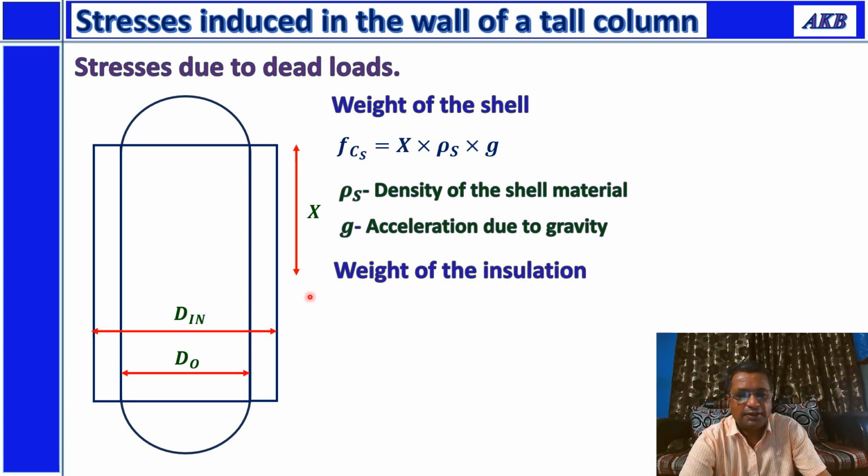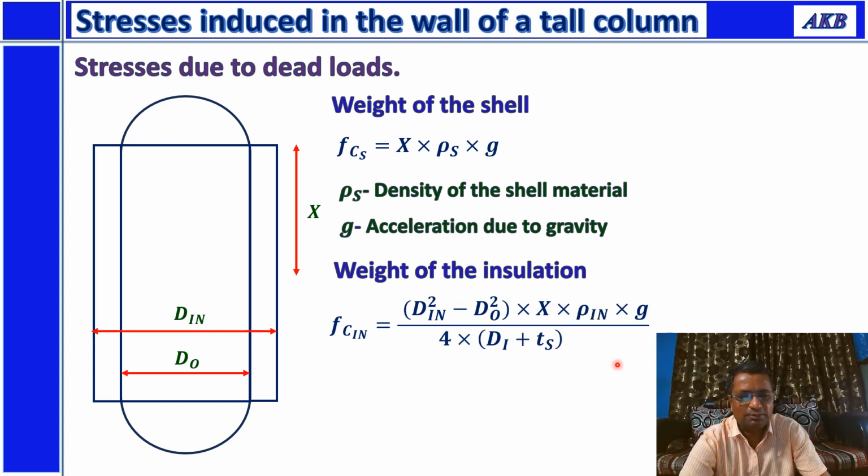Then the other dead load that comes into the picture is the weight of insulation, and the stress induced due to the weight of insulation is given by this equation. So it is (din square minus dO square) into x into rho in into g divided by 4 into (di plus ts) into ts.